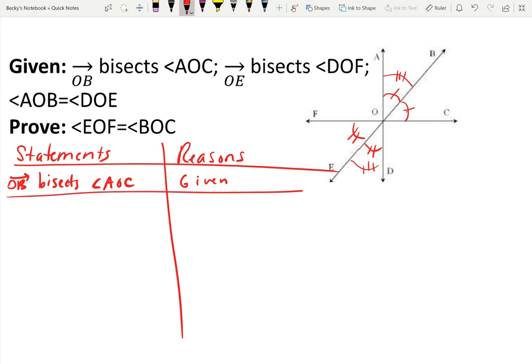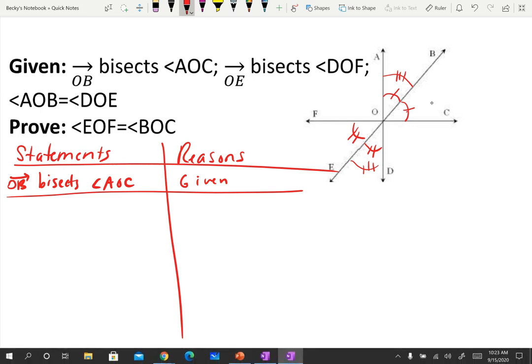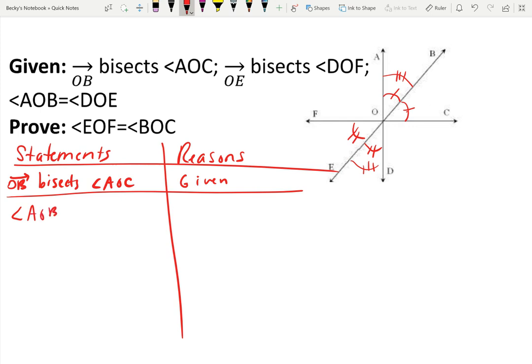Because I knew the word bisect, it told me two angles were then equal. And it's these two up here. So let's label those. So I have AOB is now equal, or you could use the congruent symbol, to BOC. And what word helped me understand to do that? And that was your vocabulary word in the previous step, which is definition of bisector. Okay, so I dealt with that one.